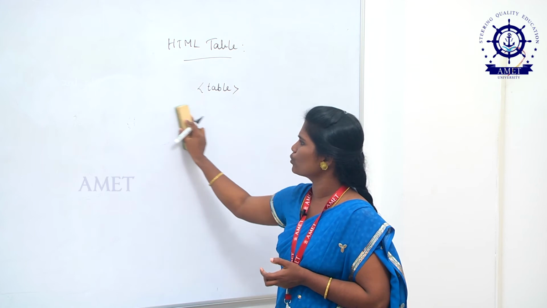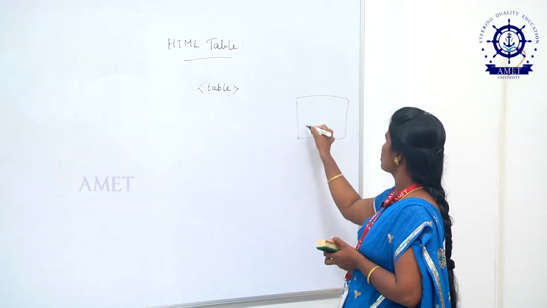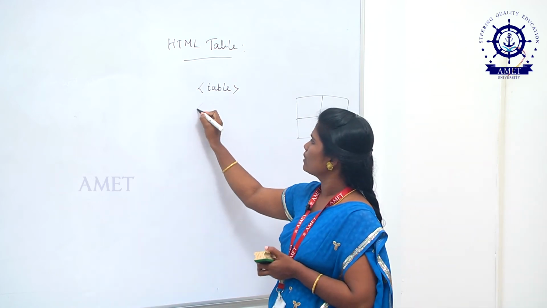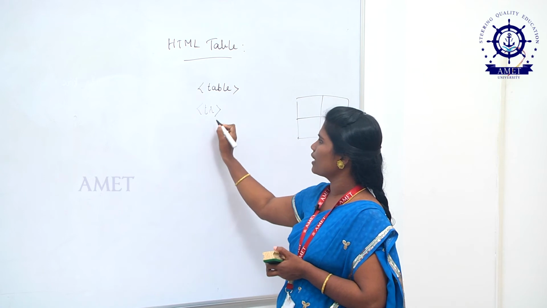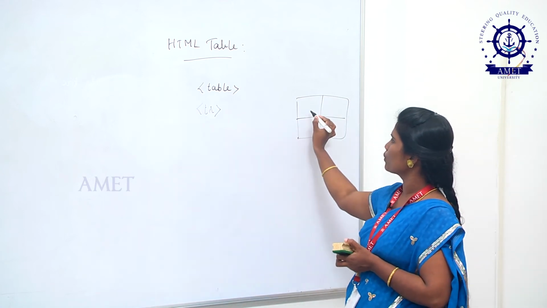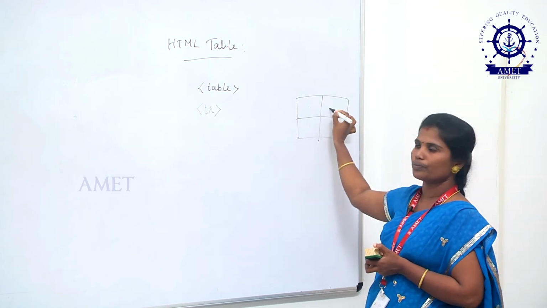Now I am going to create a table which contains 2 rows and 2 columns. I am going to use the tr tag for the first row. Inside the first row I am going to place some data in cell 1 as well as in cell 2.